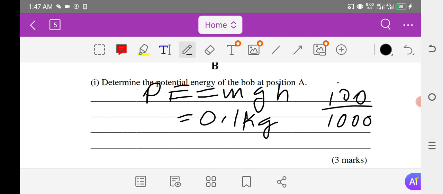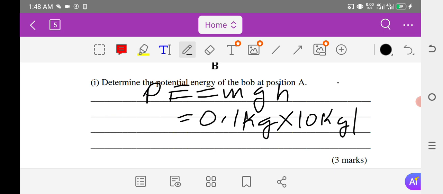You multiply this by 10, the gravitational acceleration, and then multiply this by the height.